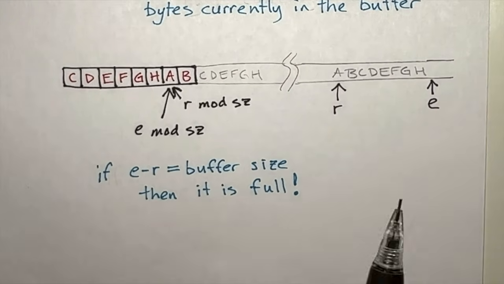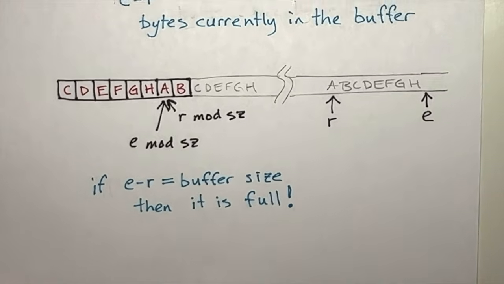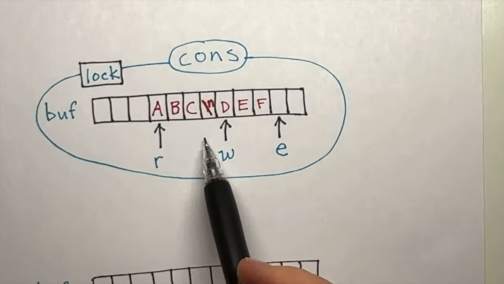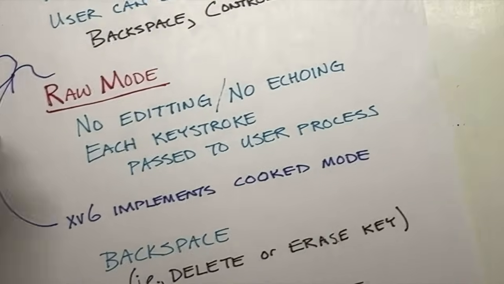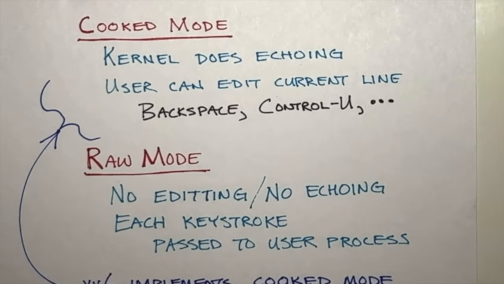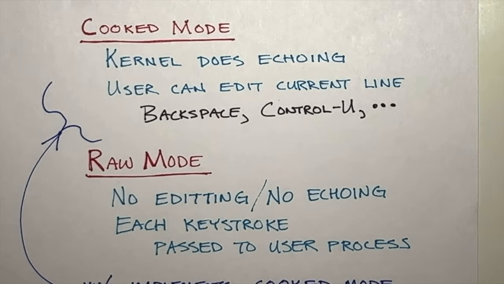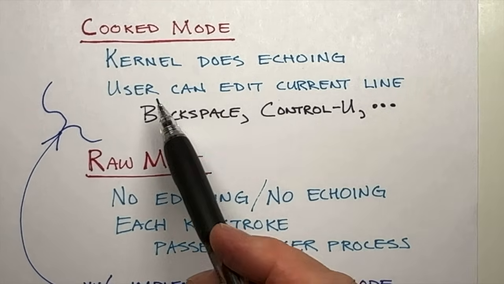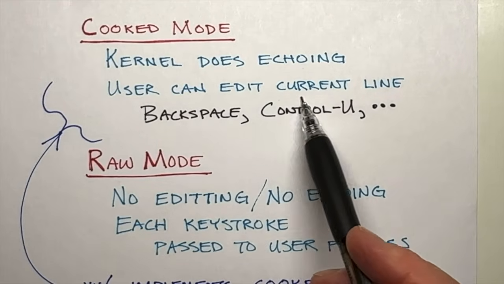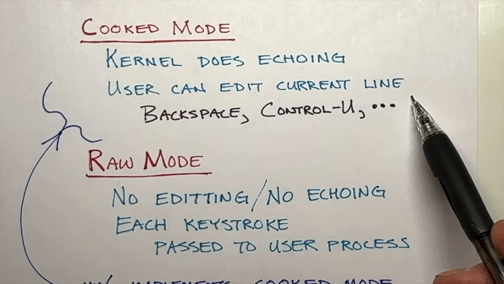Now what about the index named W? In Unix and Linux, there are two modes for input from a keyboard: cooked and raw. The difference between cooked and raw modes is a whole can of worms that I do not want to open in this video. But basically, cooked mode echoes the keystrokes, and it also allows the user to edit the typed input before the software gets it.